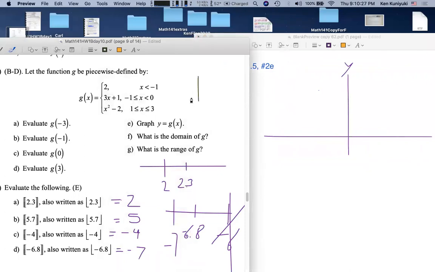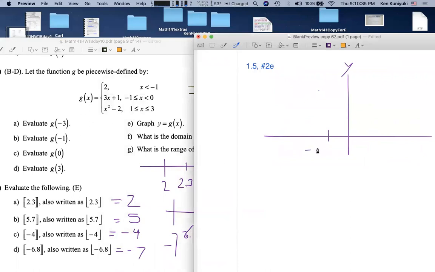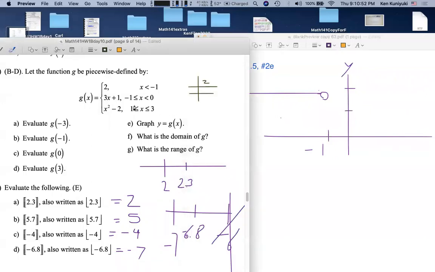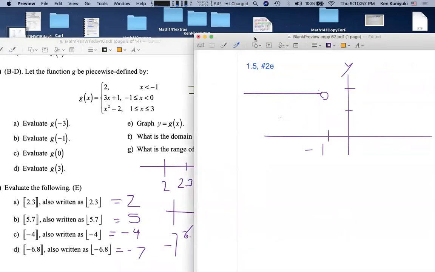Y equals 2 is a horizontal straight line. But you stop right before x equals -1. So you have an open endpoint there. That takes care of the first rule. For the second rule, you have y equals 3x plus 1. And it goes from -1 to 0.